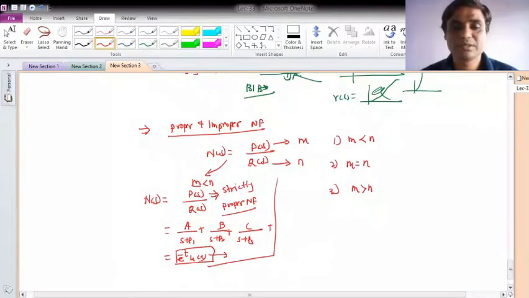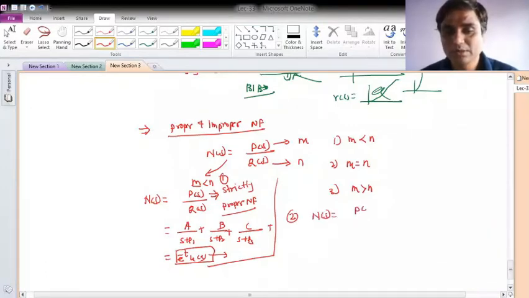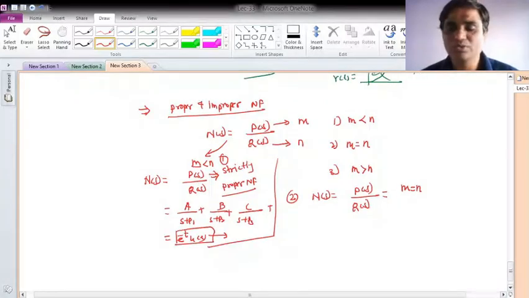This is the first condition. Now second, suppose I have a network function P(s) upon Q(s), and the degree of the numerator is equal to the degree of the denominator. In this case, I cannot directly go for partial fractions.